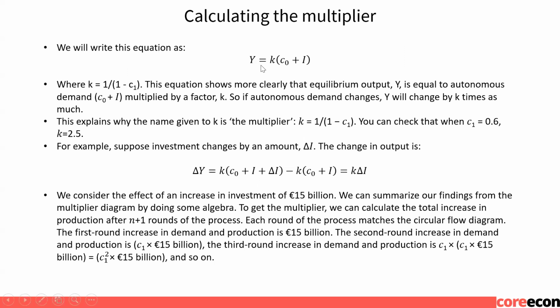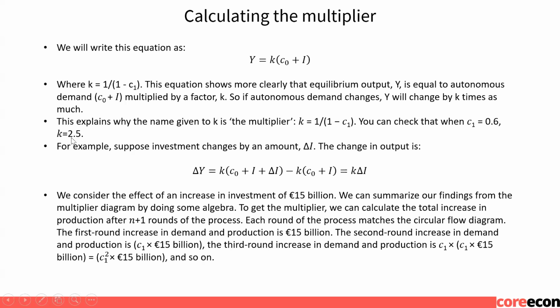Remember, the equilibrium level of income was equal to C0 plus I divided by 1 minus C1. So let's rewrite 1 over 1 minus C1 as K, right? So the constant K times this autonomous demand is going to tell us the equilibrium level of income. This explains why we call this K a multiplier, because you can check that when C1 is equal to 0.6, K will become 2.5.